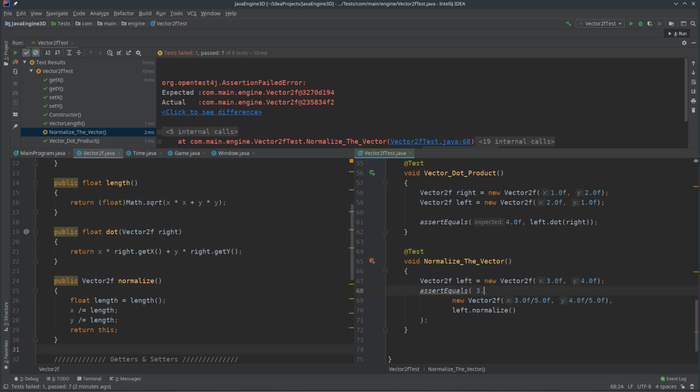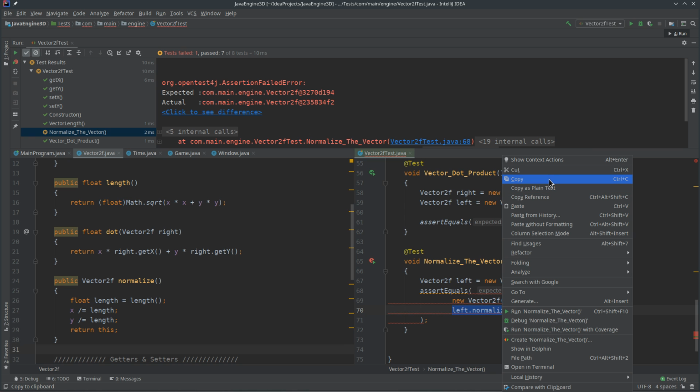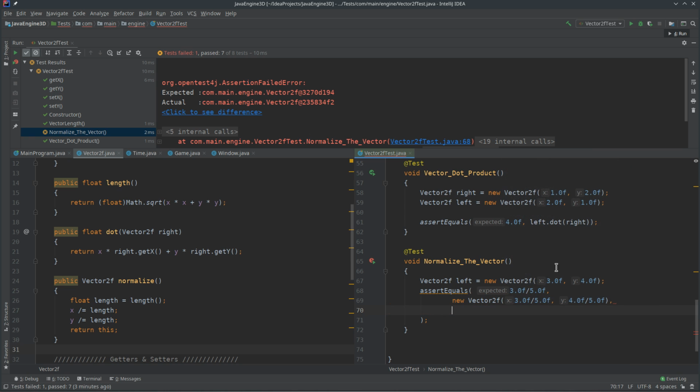3.0f divided by 5. I don't know that number off heart, and I'm not getting a calculator out. Is equal to dot get x.